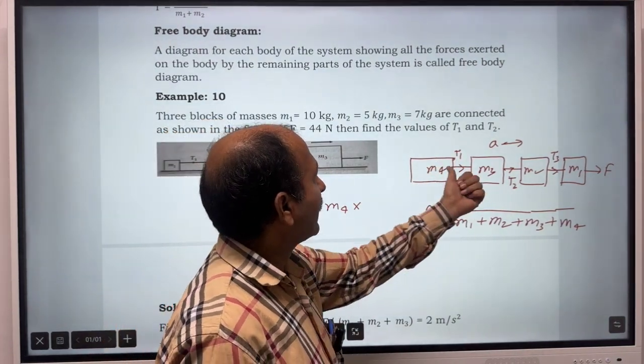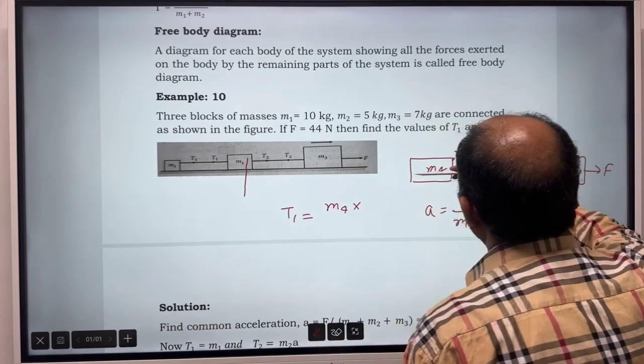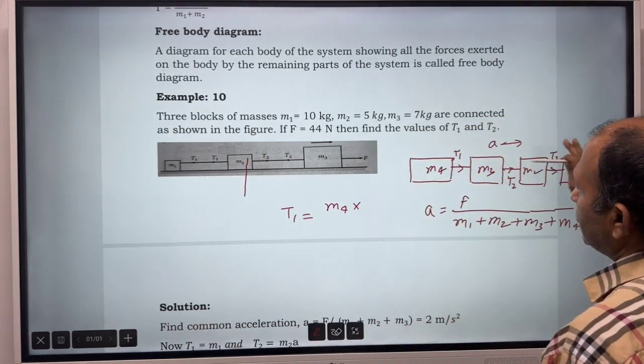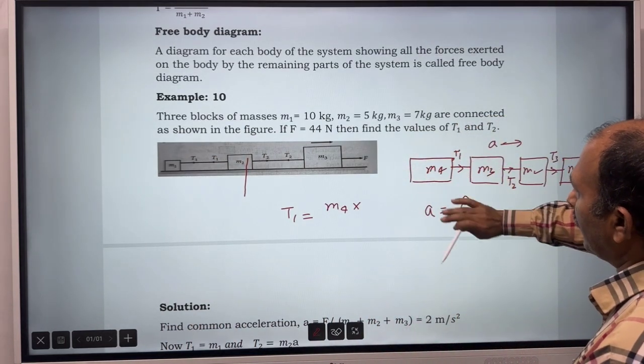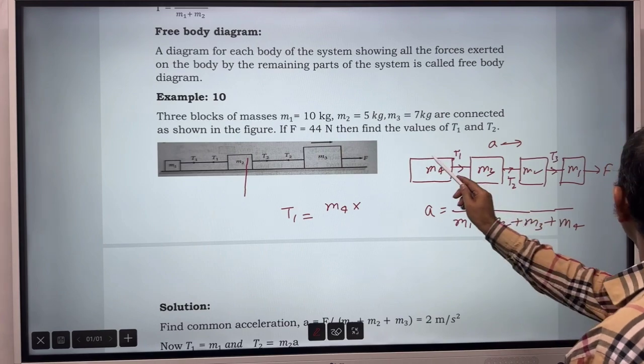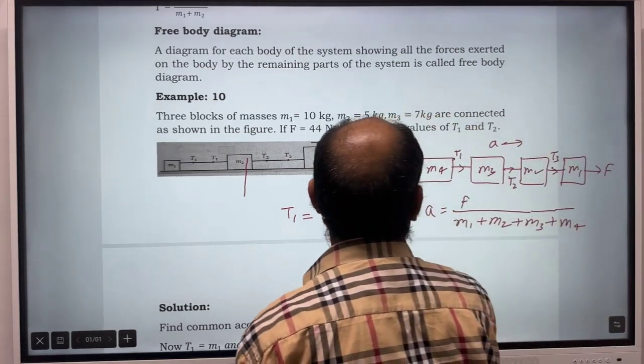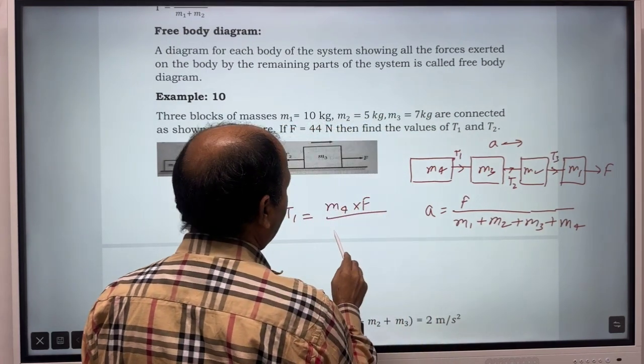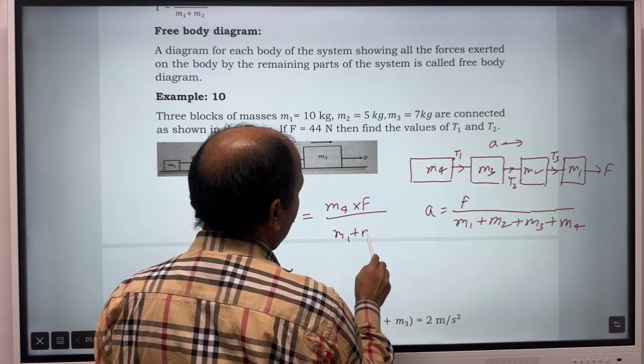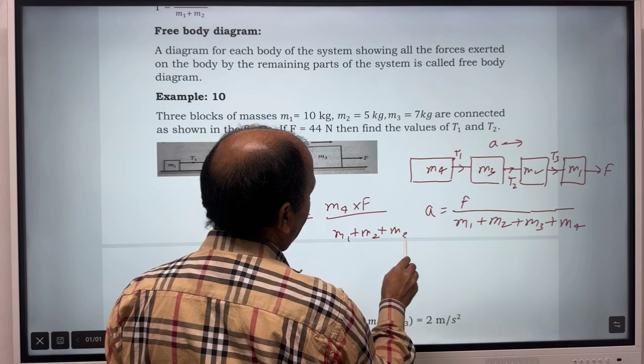Mass to be pulled, so here T1 is pulling just M4 mass, not the others. So you have to take this mass only and then common acceleration, because the system is moving with acceleration A. So you will multiply by F divided by M1 plus M2 plus M3 plus M4.